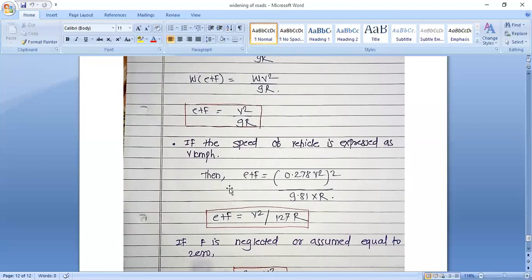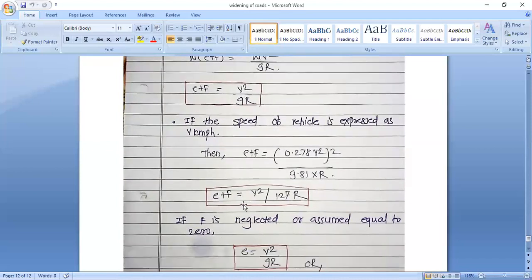Then the equation becomes E plus F is equal to 0.278 V square, and square of this term, divided by 9.81, which is the value of G, into R, the radius of curve.